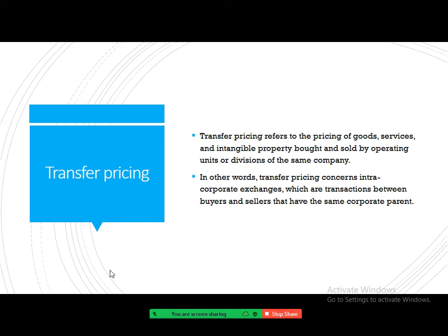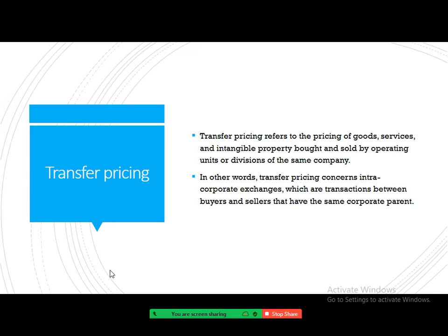Transfer pricing is an important topic in global marketing because goods crossing national borders represent a sale. Therefore, their pricing is a matter of interest both to the tax authorities, who want to collect a fair share of the income taxes, and to the customs services, which want to collect an appropriate duty on the goods.